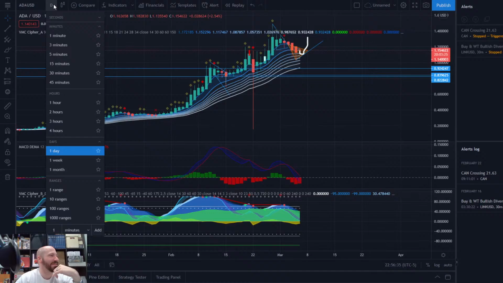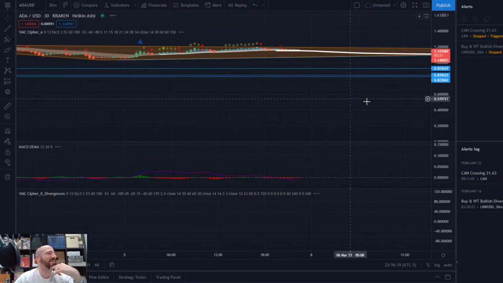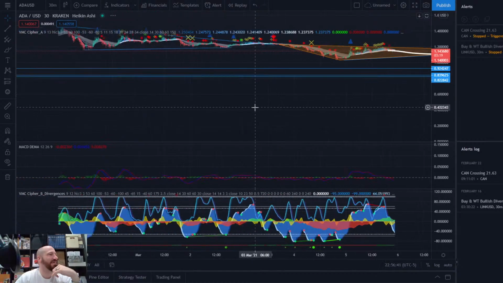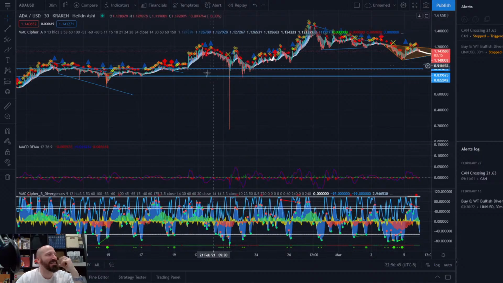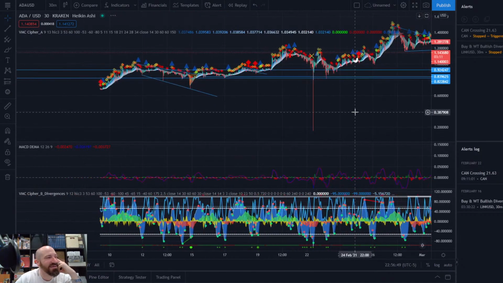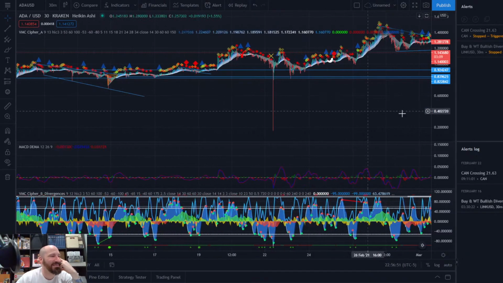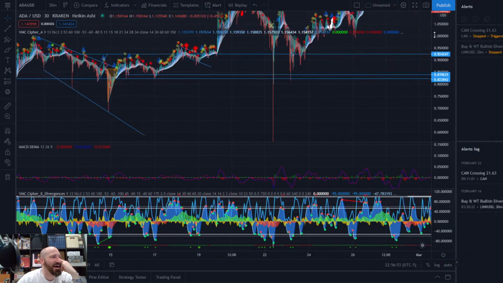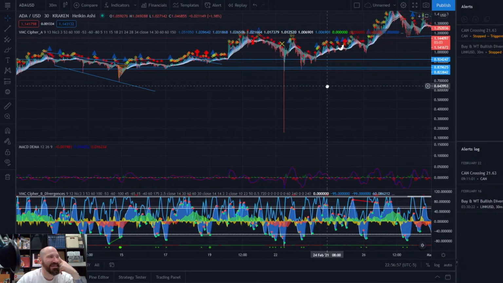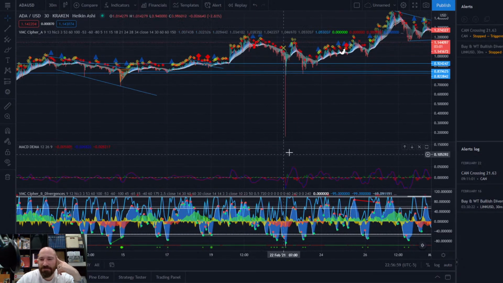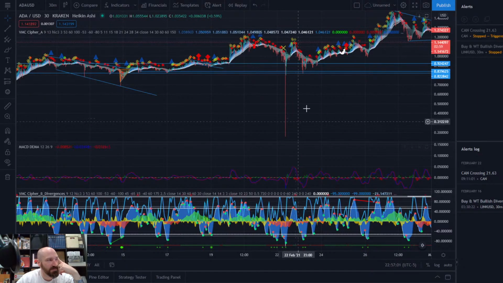This actually happened to me. Look at this candle. Look at this motherfucking candle. Holy Jesus Christ. Dude, I lost $3,000 right here.